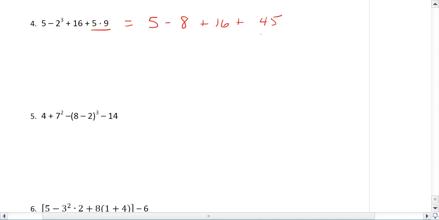It does matter that you do them in the order that you come to them from left to right. 5 take away 8 is negative 3. Negative 3 plus 16 is 13. And 13 plus 45 is 58.